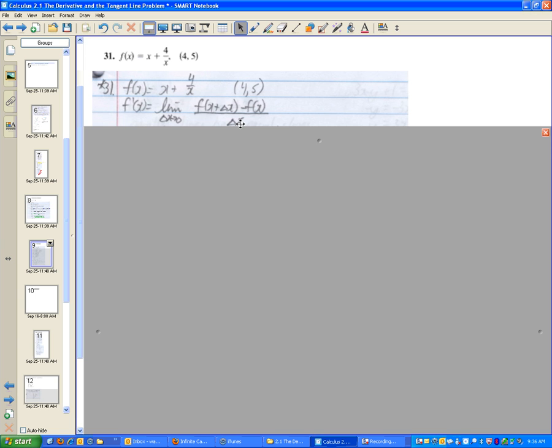It wouldn't be bad on this one. But that's just me. So write down, you've got the limit as delta x approaches 0, and then instead of f of x plus delta x, you put in what it's going to be when it's f of x plus delta x. And then minus f of x and delta x in the denominator.